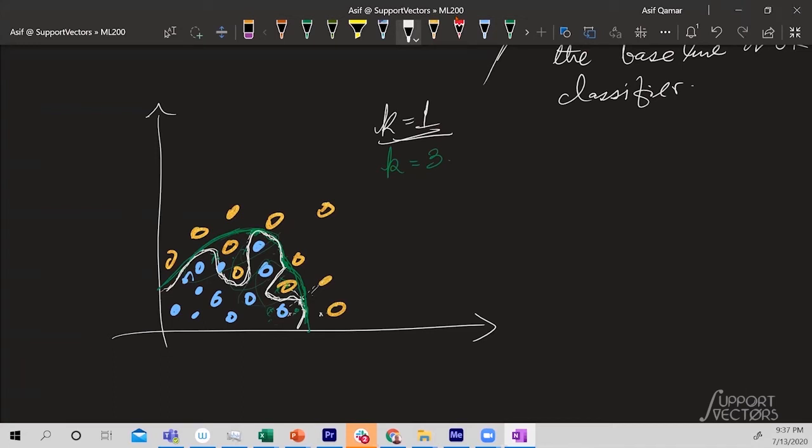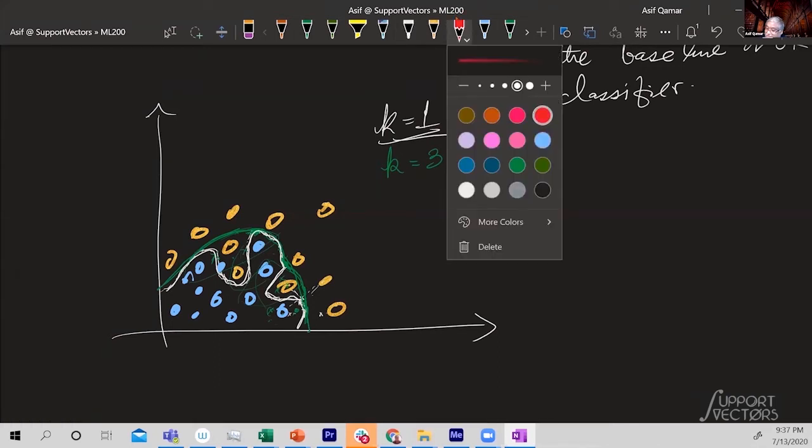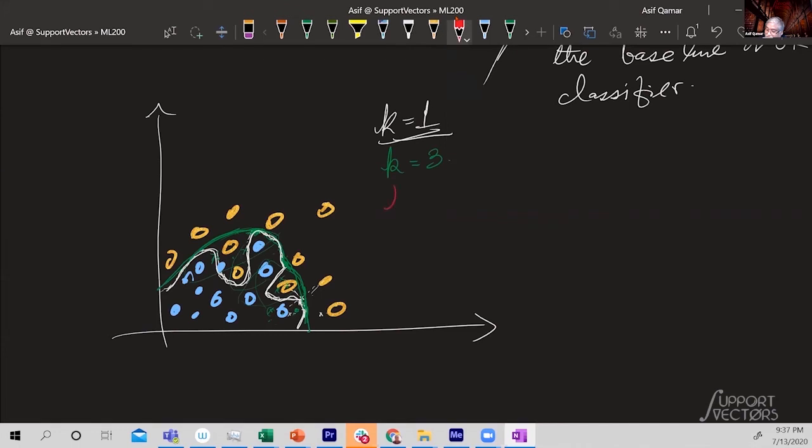Now let's take K equal to 6. Let's take another color. I'm just taking illustrative examples here. Then what happens? The problem begins to simplify quite a lot, actually. I would like to believe that if you are here, most of your neighbors, let's look at the 6 nearest neighbors: 1, 2, 3, 4.